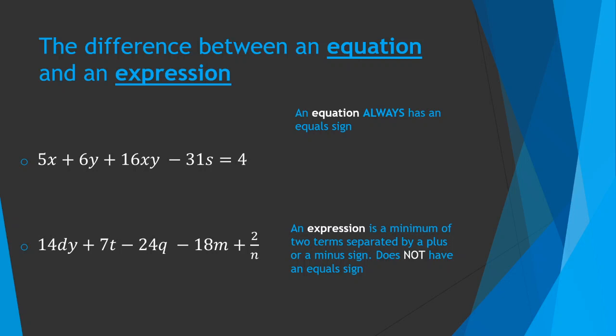It can be 1 and 1, 1 and 2, 2 and 3. It can be as many terms as you like, as long as there are terms on both sides and an equal sign. An expression is a combination of numbers and pronumerals combined with mathematical operations. So basically, without sounding too fancy, it's just a whole heap of terms without an equal sign.